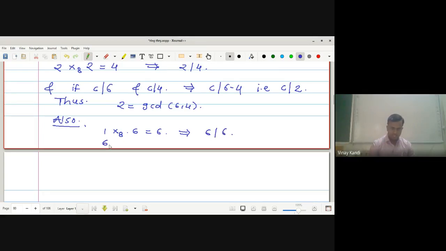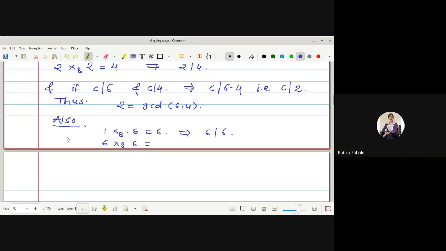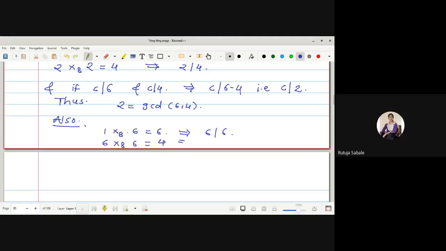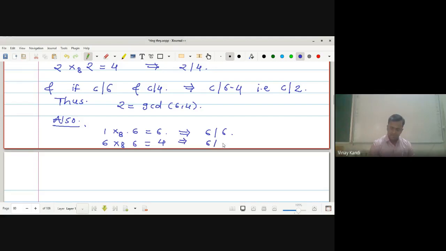Again, 6 multiplication modulo 8 into 6 is equal to 36, and 36 modulo 8: 4 eights are 32, 36 minus 32 is 4. Any doubt? No, sir. Which implies 6 also divides 4.